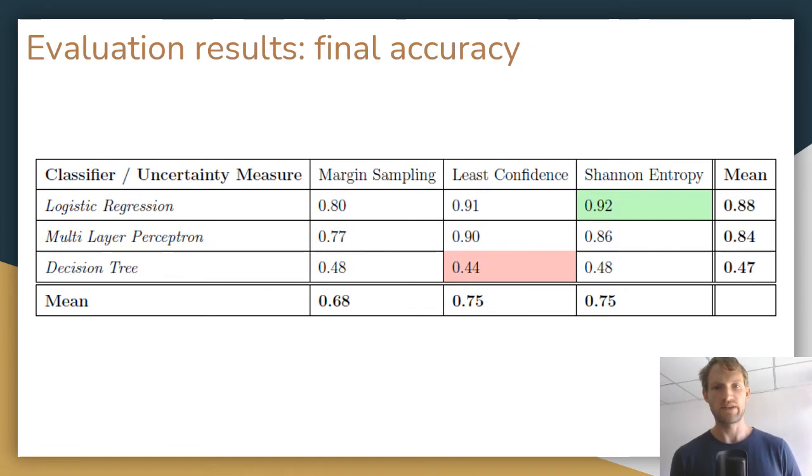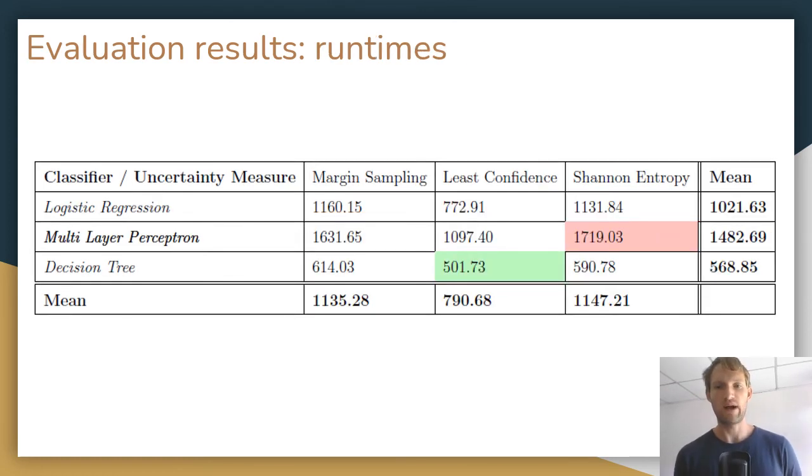In terms of the final accuracy after the active learning process, also the logistic regression classifier performs best together with the Shannon entropy uncertainty measure. However, in terms of the runtimes summed up over the active learning process, the decision tree clearly outperforms the other classifiers.